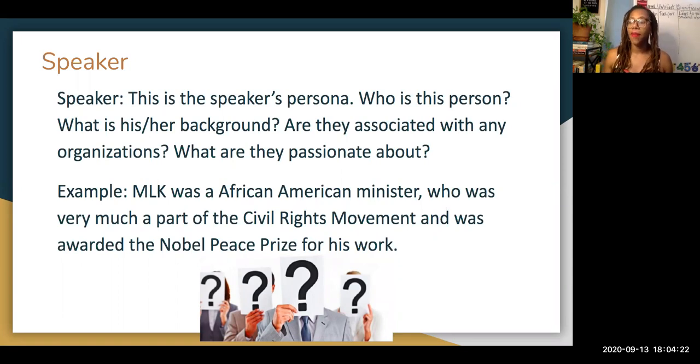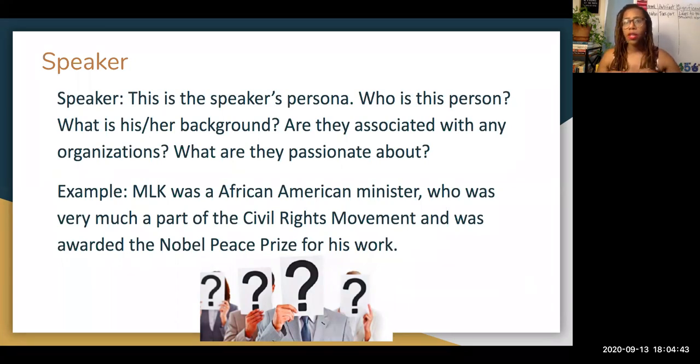All those things matter because they're not just anybody, right? You want to know what they represent. So one example is Martin Luther King Jr. He was an African-American minister who was very much a part of the civil rights movement and was awarded the Nobel Peace Prize for his work.